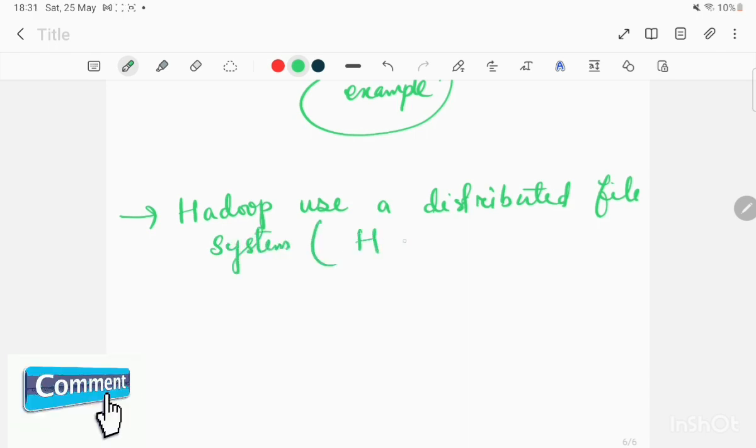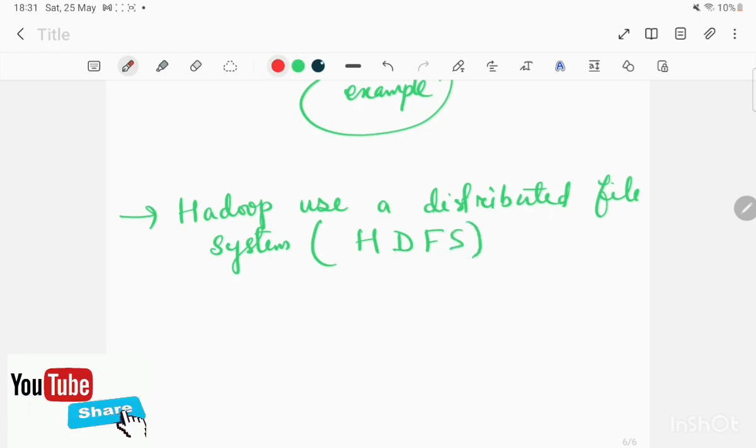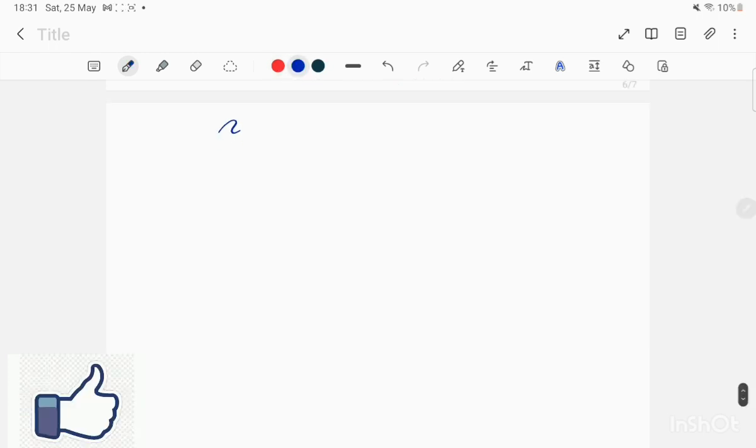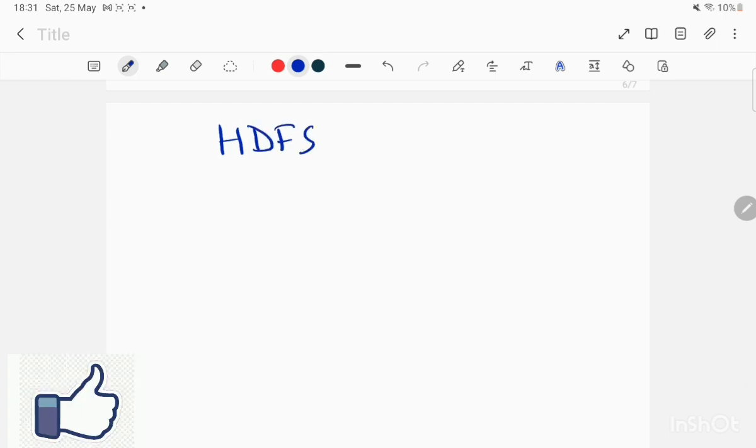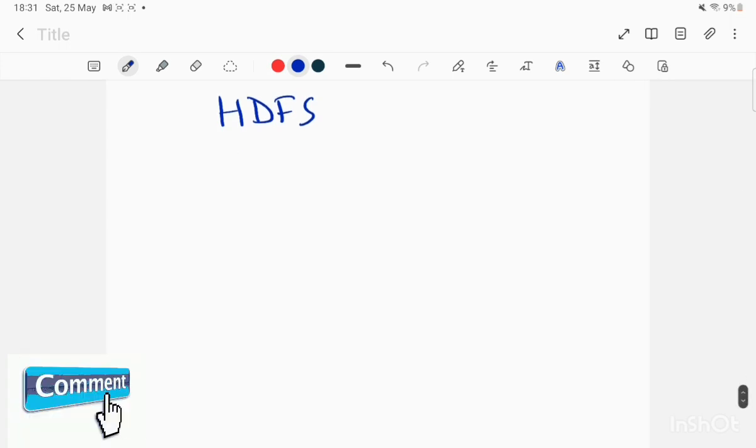It is called Hadoop Distributed File System, HDFS. What HDFS actually means: here suppose you have a huge folder or huge file.